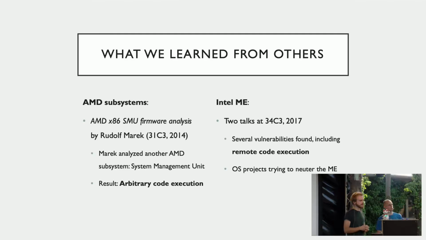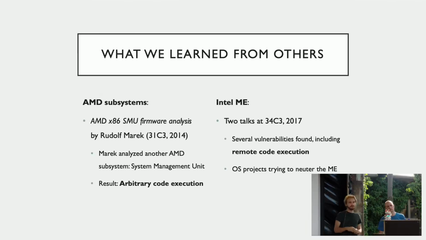The Intel management engine was covered with 2 talks at the Chaos Congress in 2017. There were several vulnerabilities over the last years, including remote code execution. There are therefore open source projects that try to neuter the abilities of the management engine.